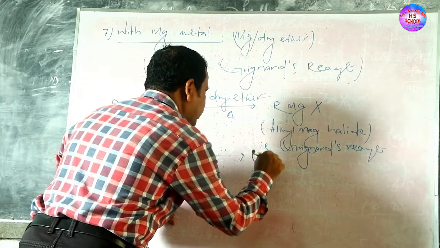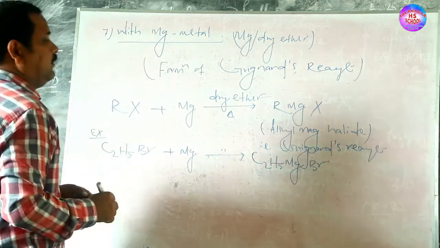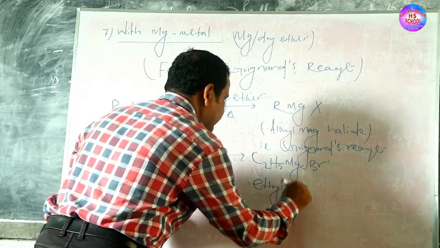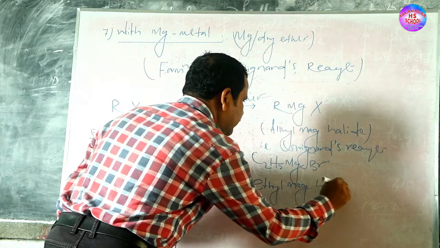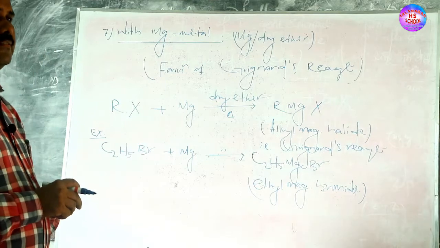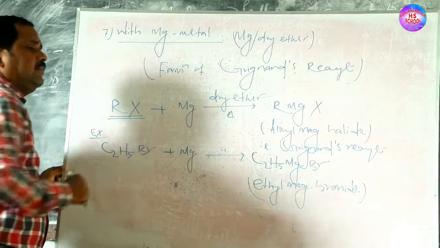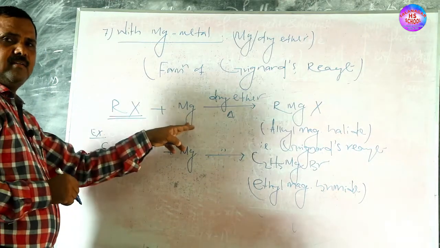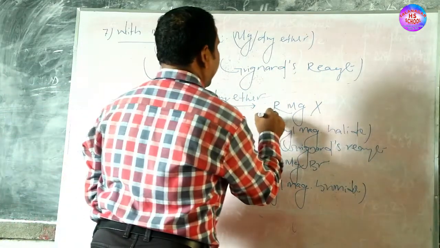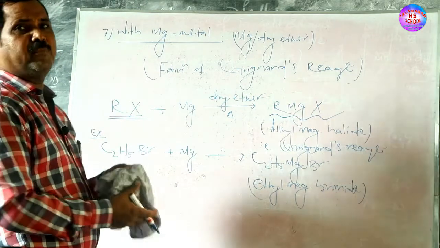The product will be C2H5MgBr. It is an example of Grignard's reagent. That means in this reaction, an alkyl halide RX reacts with magnesium metal in presence of dry ether to produce an alkyl magnesium halide.